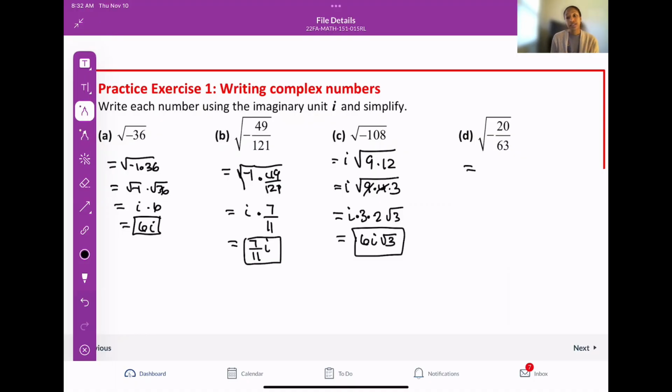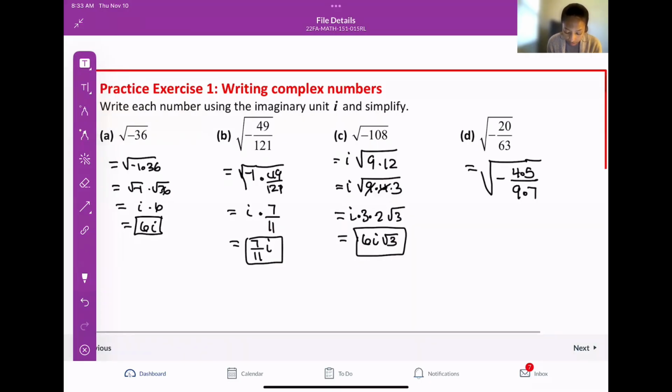All right, last one, we have the square root of negative 20 over 63. Okay, so negative 20 is 4 times 5. 63 is 9 times 7. All right, so we want to pull out the things that we can take square roots of.